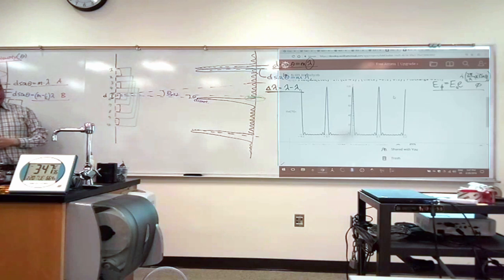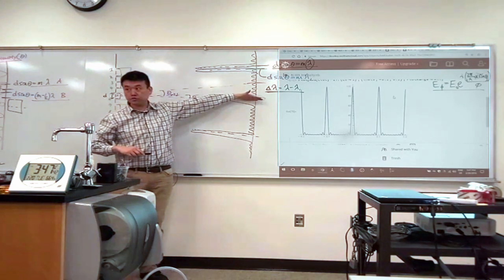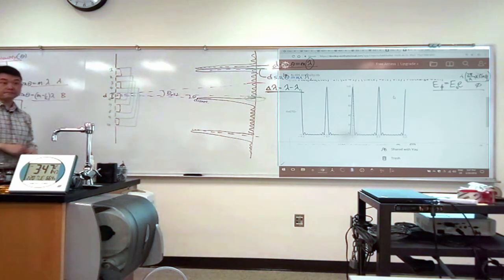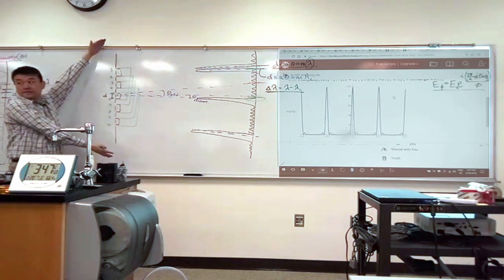So the question comes down to this. I want this position to get even closer to the central maximum. How would you accomplish that? So by greater D, you mean you want to separate out these, right?